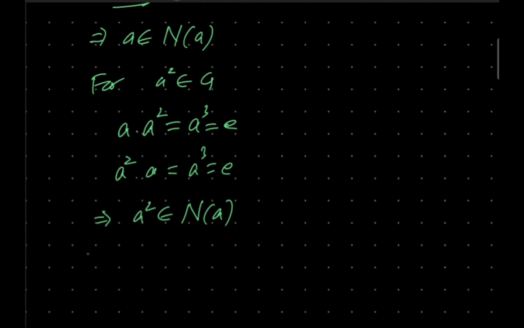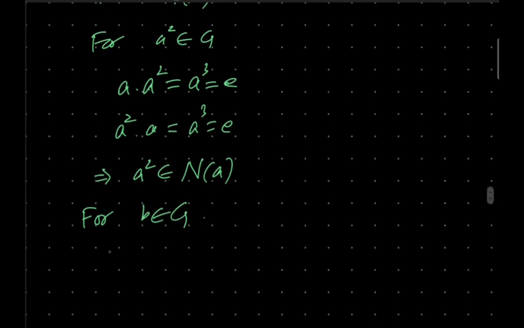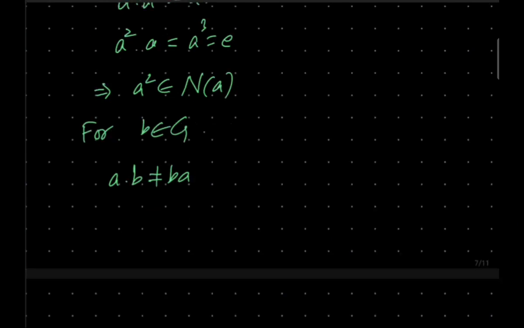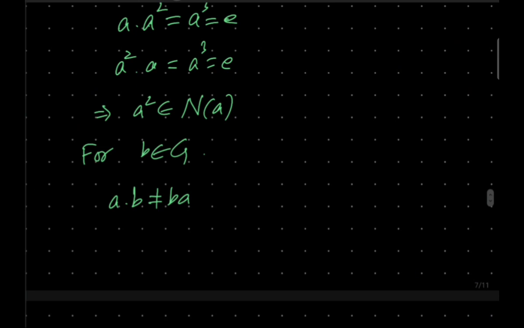What is the next element of G? That is b. So check for b. For b belongs to G, you know a times b is not equal to b times a. Why? Because for the dihedral group Dn, we have a formula: a to the n minus k times b is the same as b times a to the k. Got it?